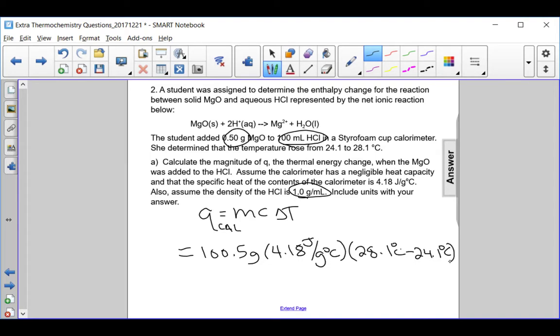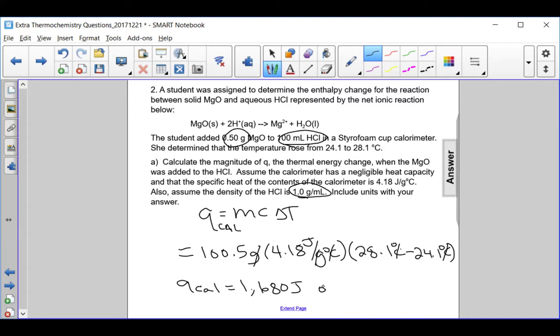So I get a Q here for the calorimeter of 1,680 joules. And we should see joules there because we have grams that cancel here and degrees Celsius that cancel there. So we're left with joules.